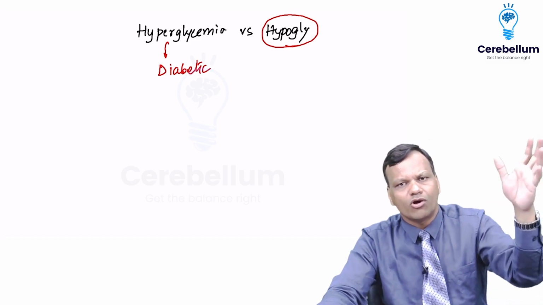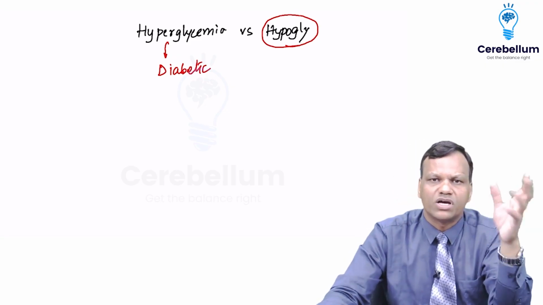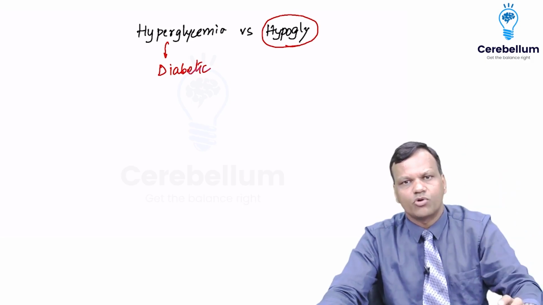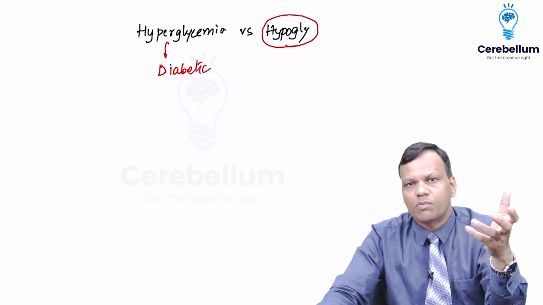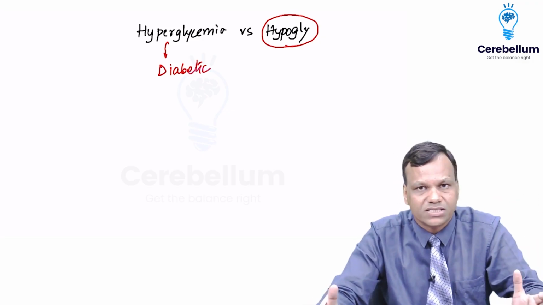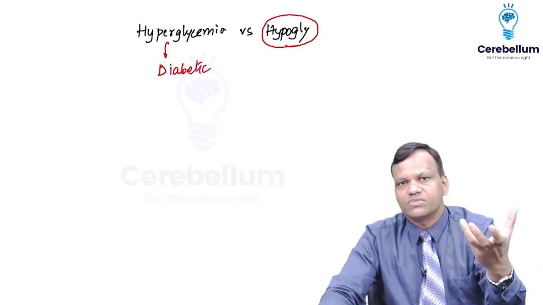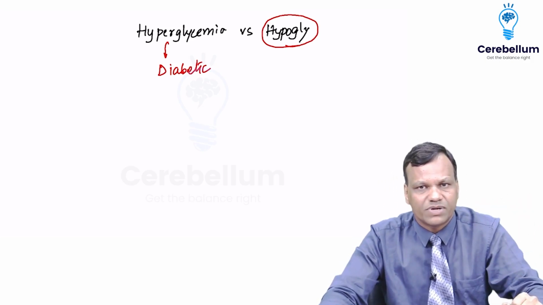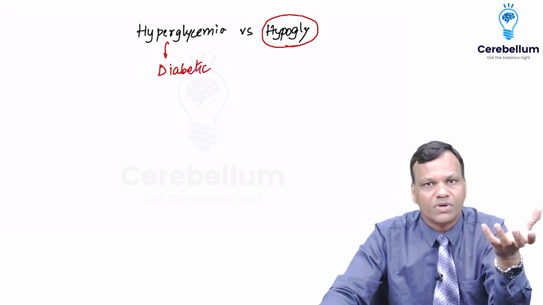So they keep on roaming normally here and there, not only 1 day, 2 days, but for a year, 2 years, 5 years, 7 years, 10 years. Nothing happens. Okay? So if anything is not causing any problem for years, that cannot be an emergency. Although after that, these people may develop permanent problems in the kidney, in the eyes and several places. But that thing which is not causing problems for many years cannot be an emergency.